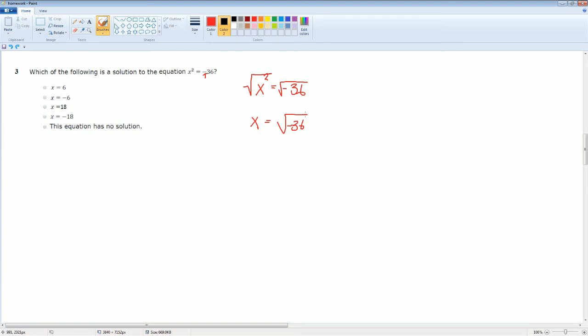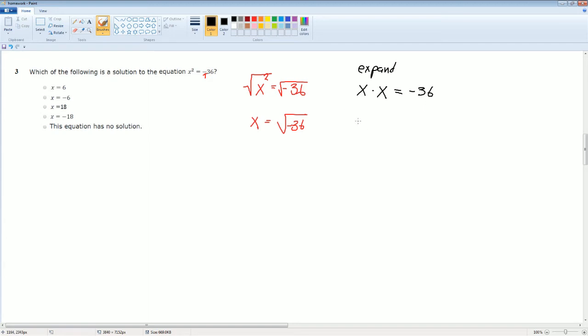Right? So this says, okay, this means that x times x is going to be equal to negative 36. We know, right, because this is just in expanded form, we know that it's two numbers multiplied together to get a negative number, right?